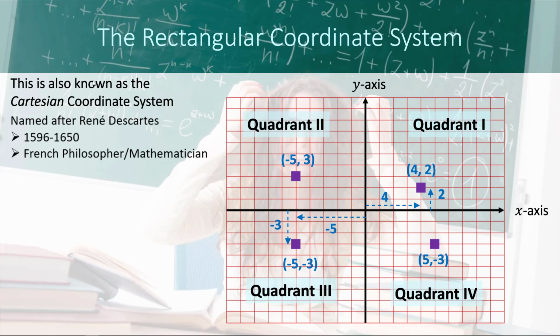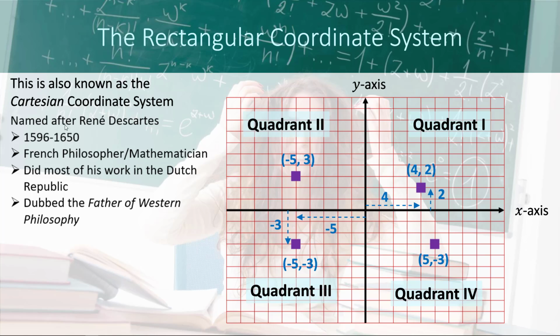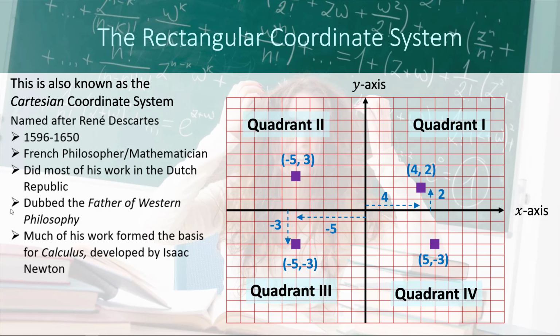Even though he was a French philosopher, he actually spent most of his time working in the Netherlands, at that time called the Dutch Republic, and he is dubbed the father of Western philosophy. Even though he's done a lot of work in mathematics, he's actually more known for his work in philosophy.